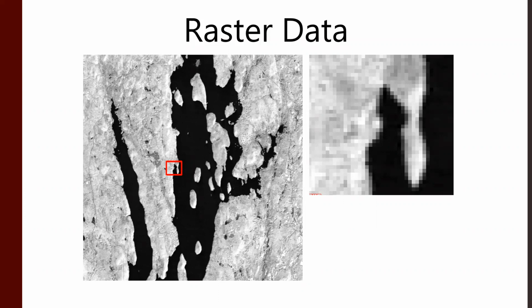When you zoom in, you see the pixels. So our lovely continuous looking image does have a limit. Eventually we get down to the pixel level, and we can see the individual pieces that our raster data are made up of.